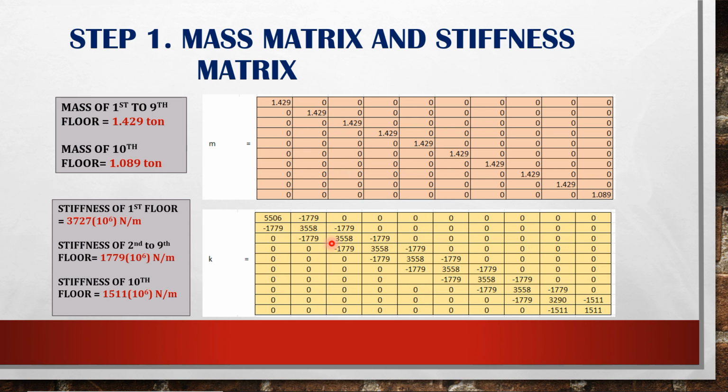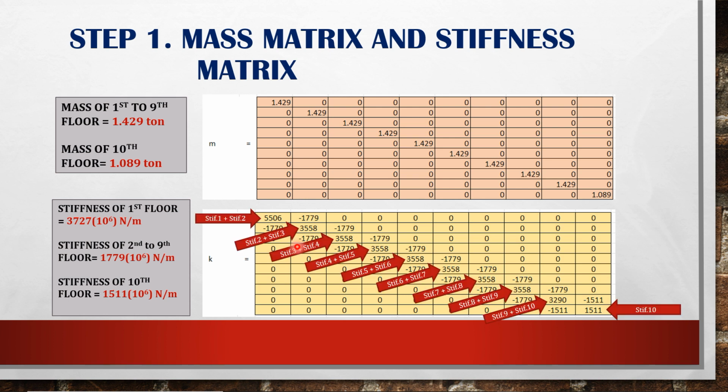Where does this 5,506 come from? This value comes from the sum of the first floor stiffness and the second floor stiffness. We can solve these values, 5,506, 3,558, 3,290, and 1,511, by using that formula. Stiffness 1 plus stiffness 2 is equal to 5,506.